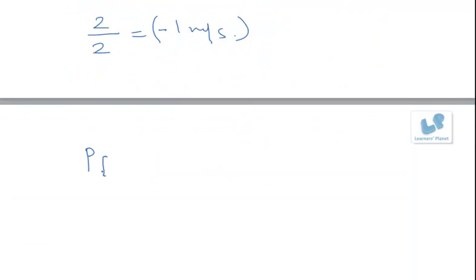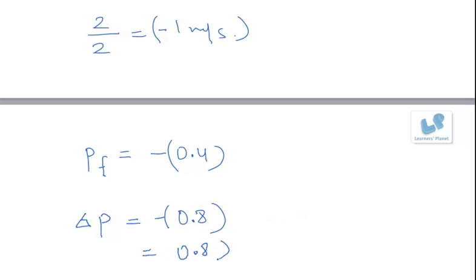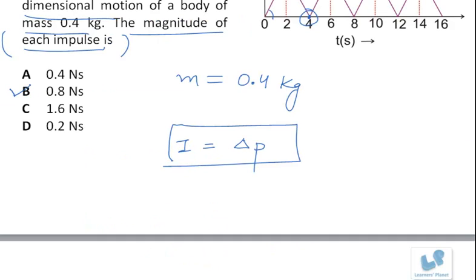So final momentum will be given by minus 0.4. So change in momentum will be given by 0.8. So the magnitude of impulse is 0.8. So option B is correct.